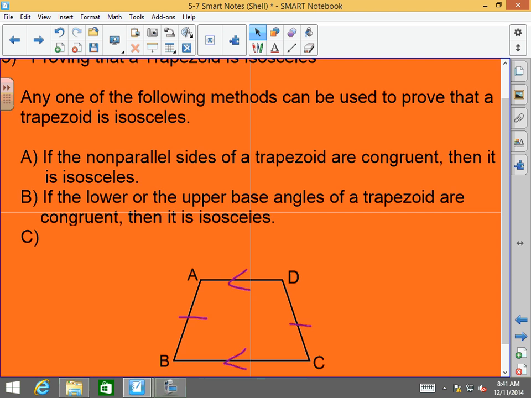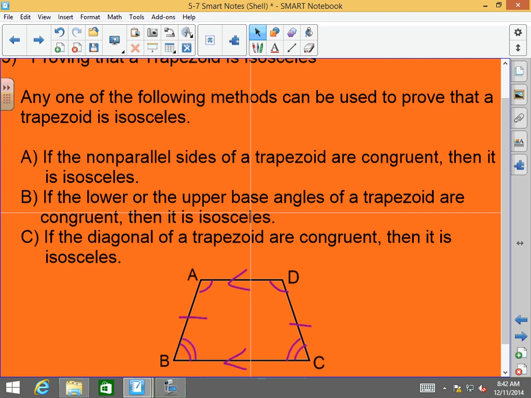Also, if the lower or the upper base angles of the trapezoid are congruent, then it is an isosceles trapezoid. So basically, if I tell you that the lower base angles are congruent, it's an isosceles trapezoid. If I tell you the upper base angles are congruent, then it's an isosceles trapezoid.